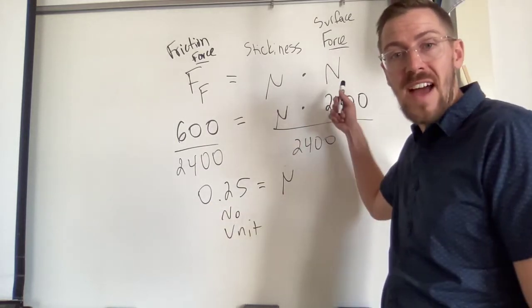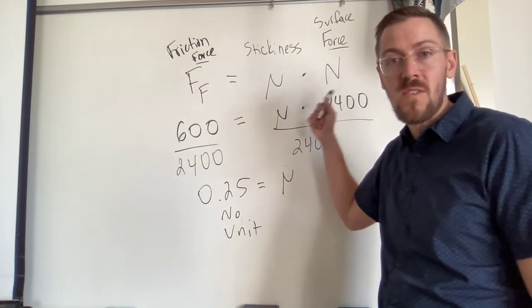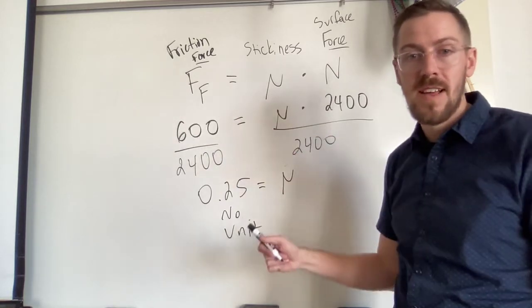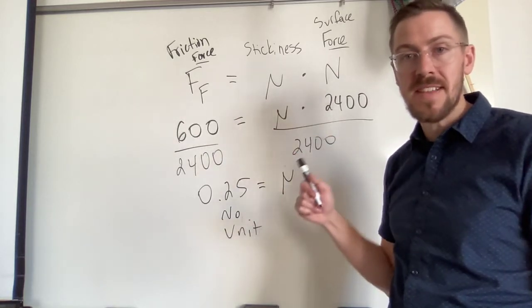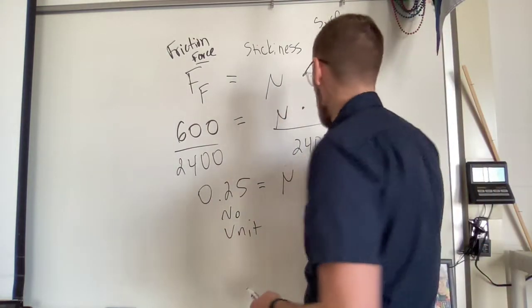It's what fraction of that kind of force turns into that kind. What percentage, what decimal of your normal force becomes friction. So for whatever surface this is, it's 25% or 0.25. We need 2 more problems.